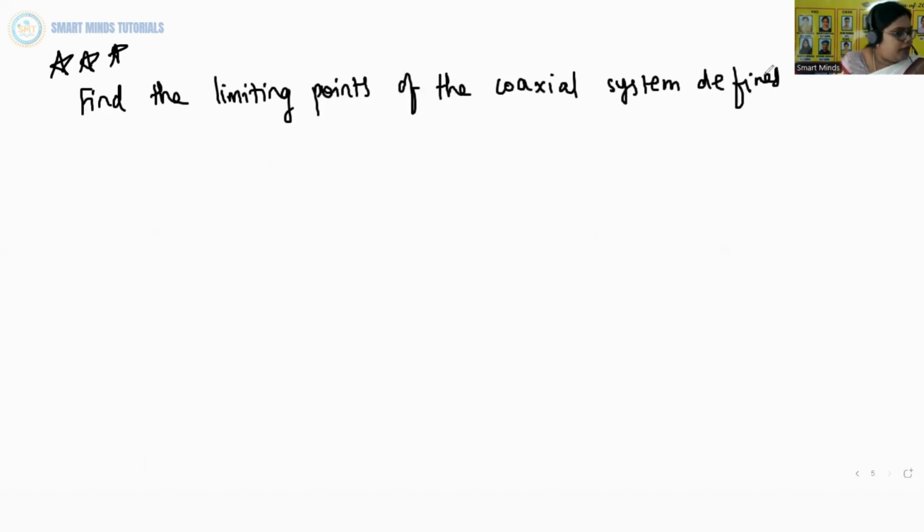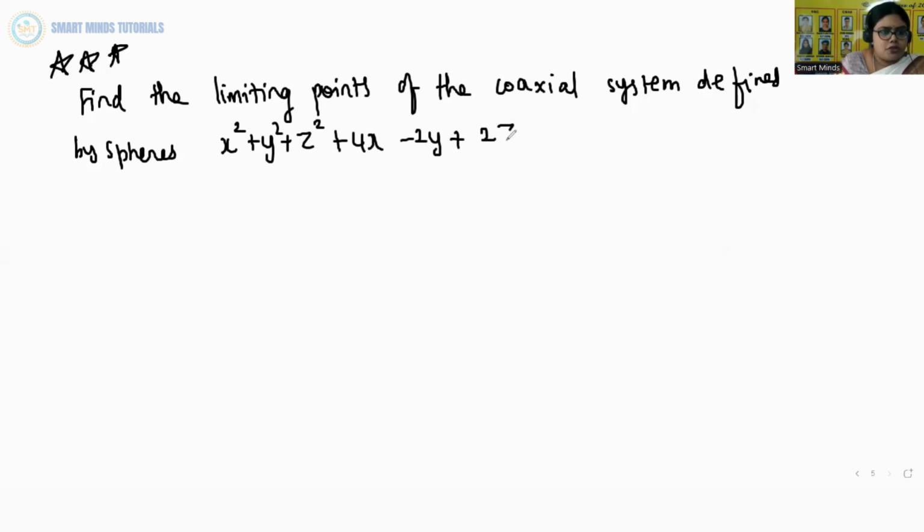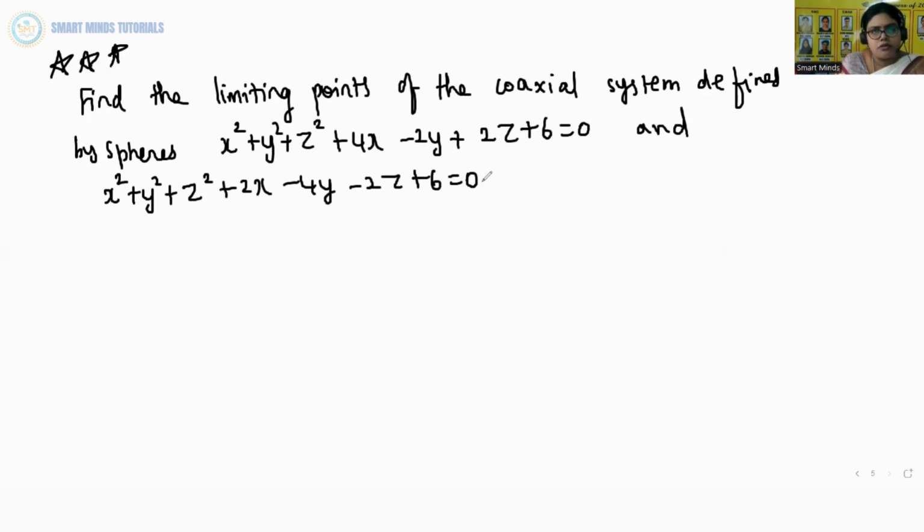Find the limiting points of the coaxial system defined by spheres x square plus y square plus z square plus 4x minus 2y plus 2z plus 6 is equal to 0, and x square plus y square plus z square plus 2x minus 4y minus 2z plus 6 is equal to 0.